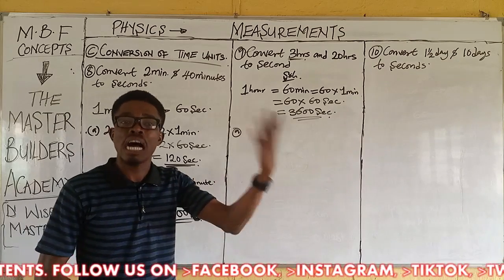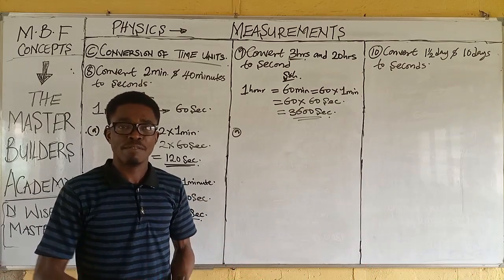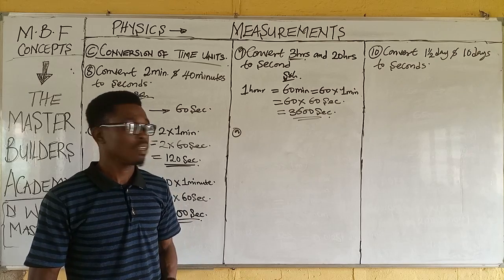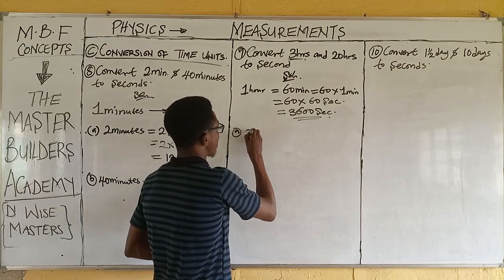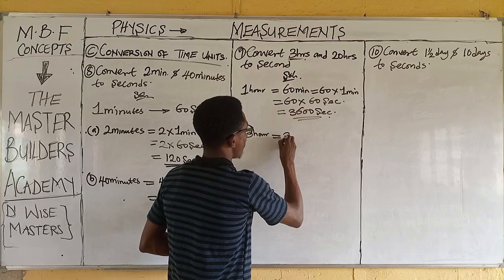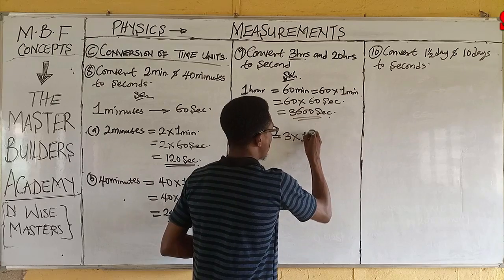What then is 4 hours? What then is 15 hours? What then is 20 hours? What then is 1 million hours? It's as simple as this. Okay, now we have this as 3 hours, and we are converting this to seconds, so we are going to have 3 times 1 hour.